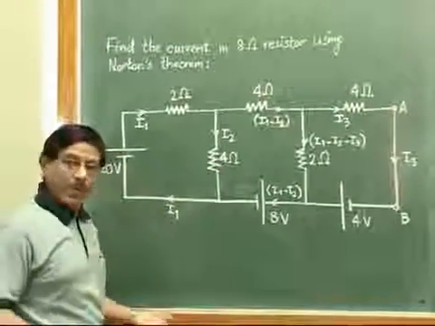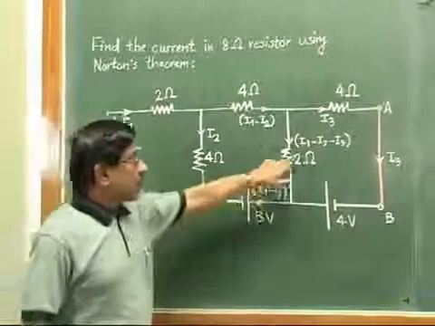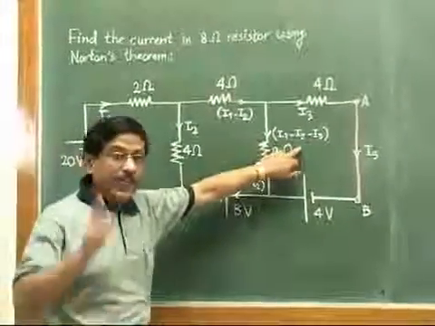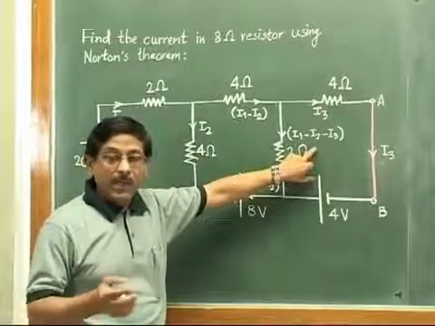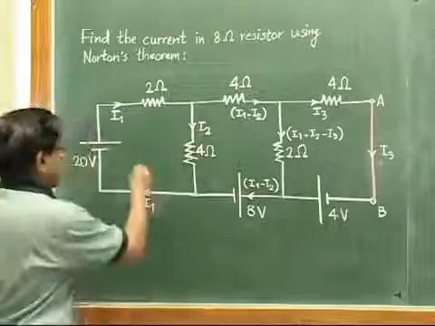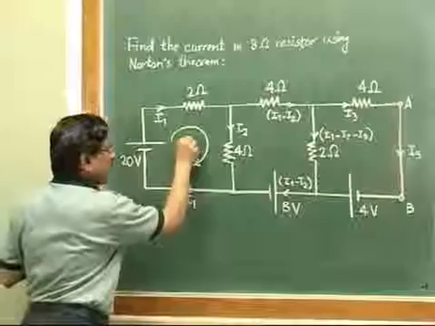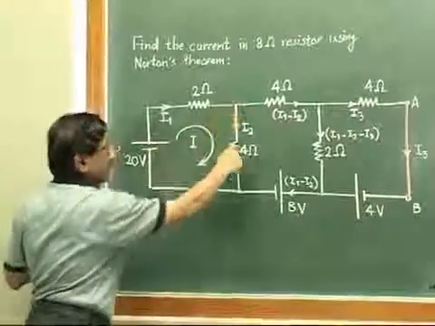Our next job is the regular job that we have to identify the loops or meshes. So 3 current variables, so we need 3 equations to solve. And for 3 equations we need to identify 3 different meshes. Again as a regular practice, we consider that this is our loop 1, this small one.